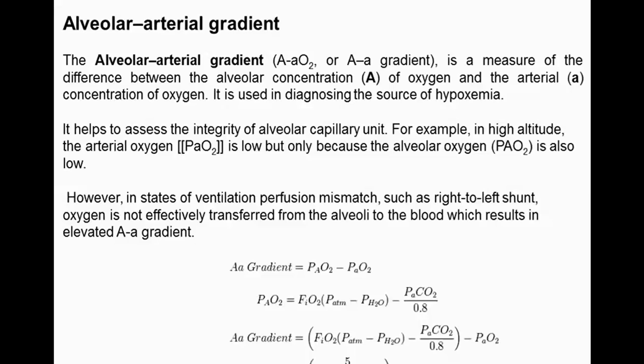How much atmospheric pressure? 760. How much water pressure? 47. So at sea level this will be 713, constant. FiO2, how much? 0.21. So at sea level with normal FiO2 in room air, how much will this be? About 150, constant.